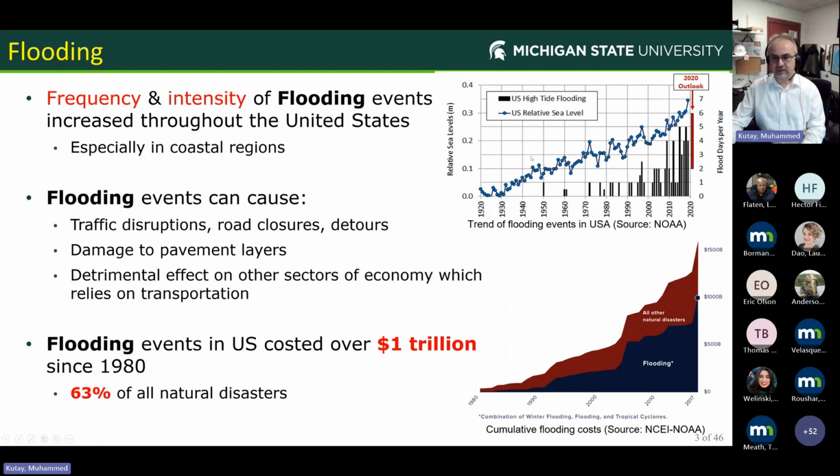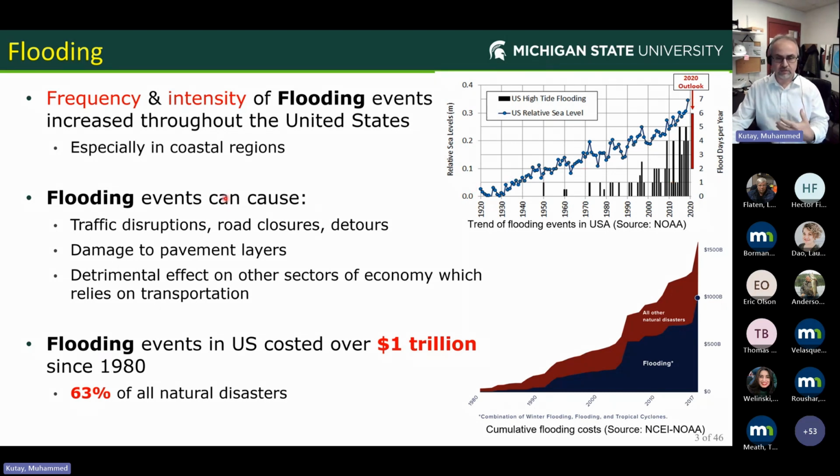And in this particular little graph right here, it shows a clear increase in relative sea level, and accordingly, the flooding that is caused by high tides, the frequency and the number, are clearly increasing. And this is just one example.